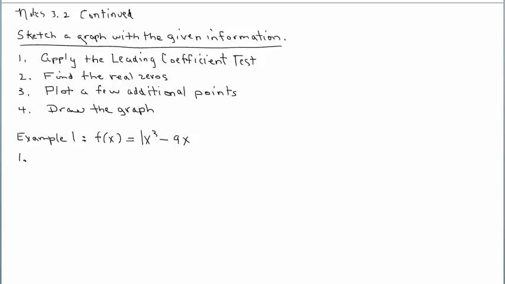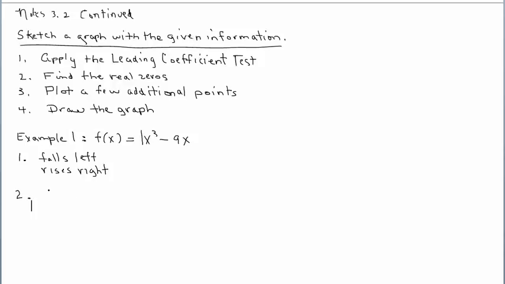Let's just organize our work in this fashion. Okay, I know that the graph is going to fall to the left and rise to the right. So that kind of gives us a visual that the graph comes on the screen from the bottom left and leaves the screen on the top right.